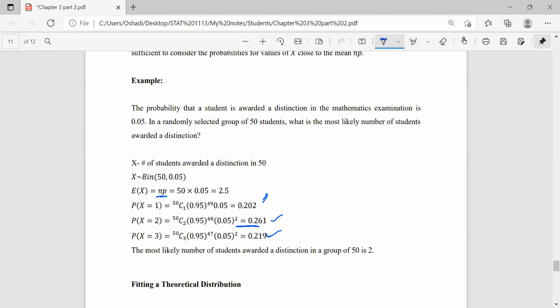So you can find the mode using the expected value, or the mean value. The mode lies somewhere around the mean of the binomial distribution. It is not so far from the mean. So the mode is close to the mean value. That is the concept.